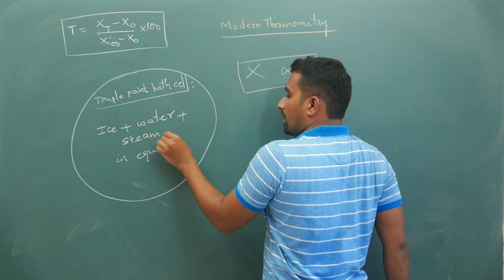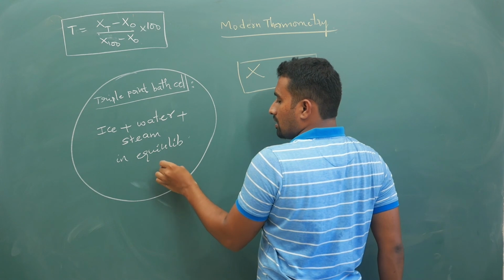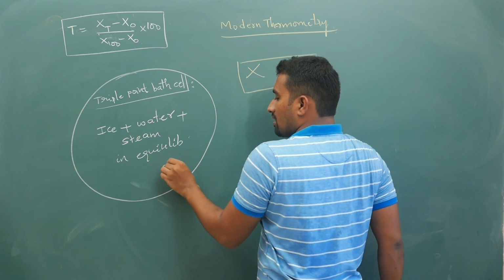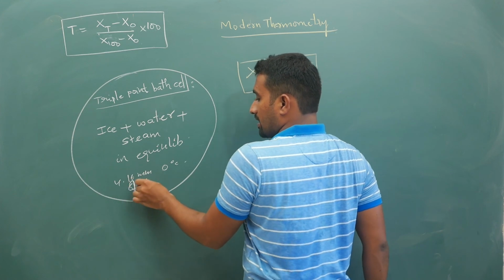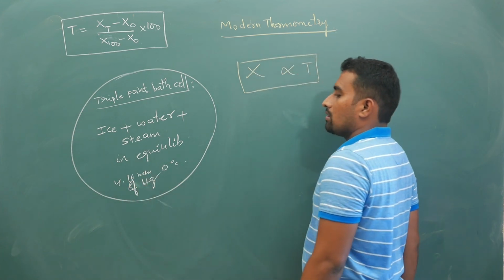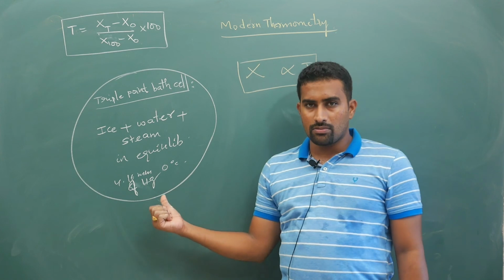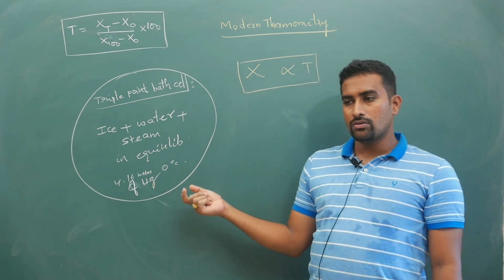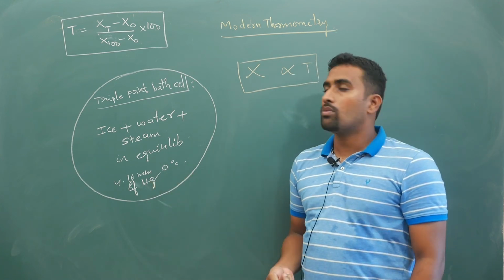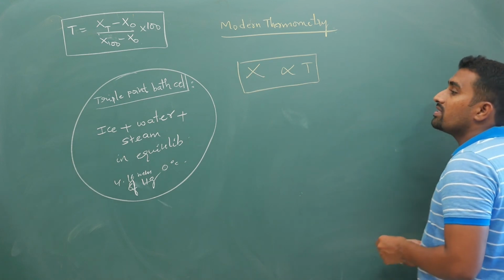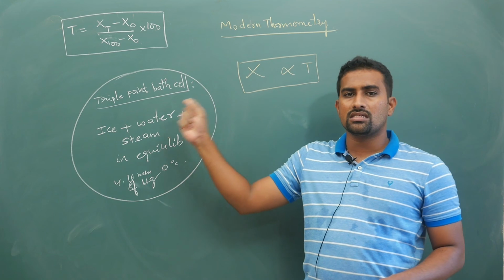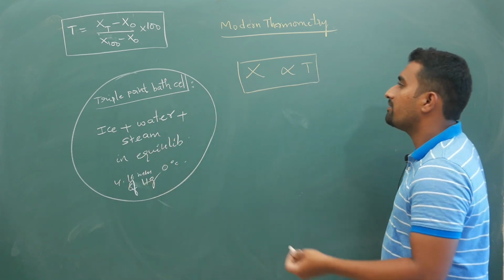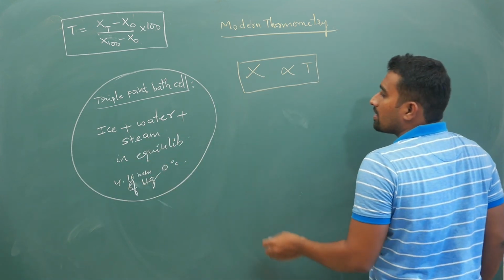This will be around 0 degrees centigrade, and around 4.16 mm of Hg, if I remember it correctly. So this is your standard triple point temperature value, and using this, we just take the body and measure the thermometric property at the triple point.